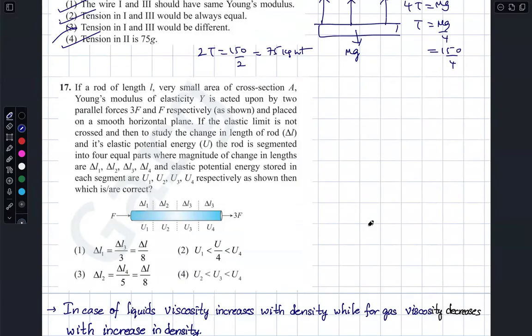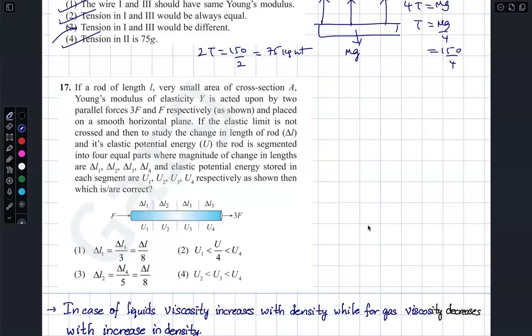I think this might take some time. 17th question. I can do this question only tomorrow because it's a lengthy question actually. Basically, it's a lengthy question. I'll clearly explain. You need to draw the free body diagram, break it into pieces.